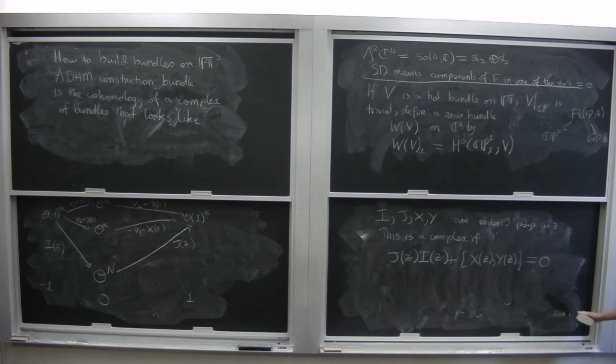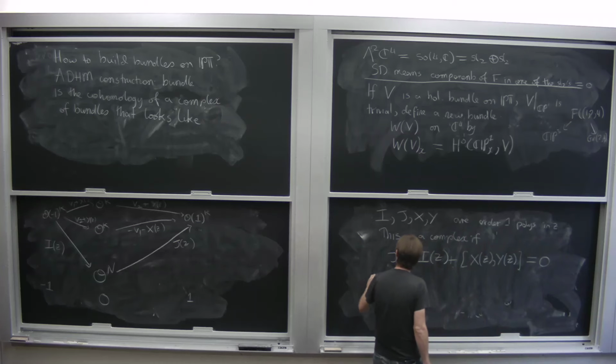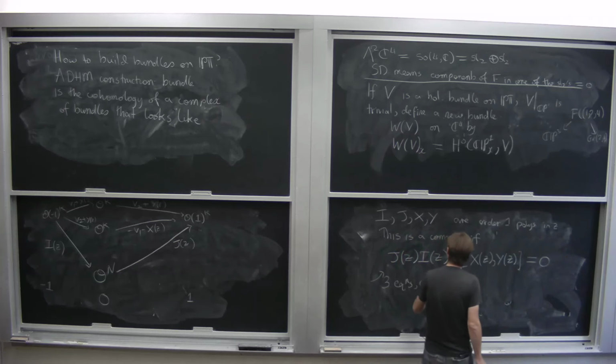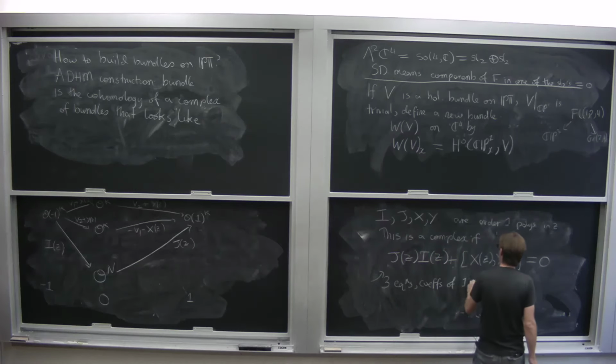This equation is satisfied, so this is an order 2 polynomial. So this is really 3 equations, namely the coefficients of 1, Z, and Z squared.